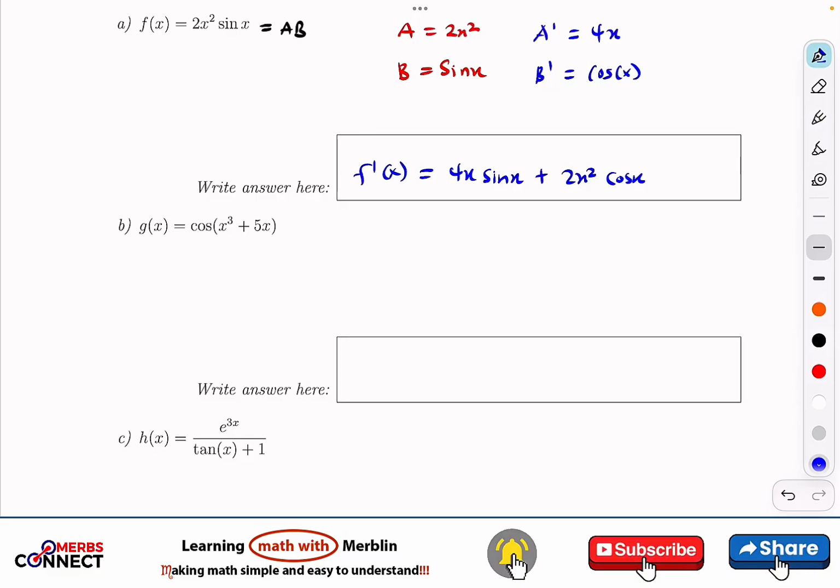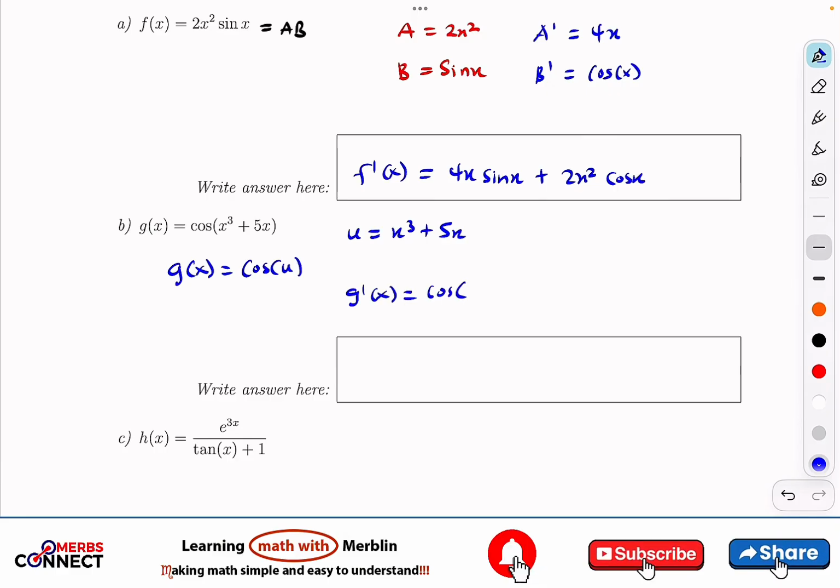So what I can do here is say, okay, let g of x be equal to cos of u. Then I can say that u is equal to x cubed plus 5x. Then it means that g prime from here is going to be minus sine u times u prime, because it's the chain rule, right?